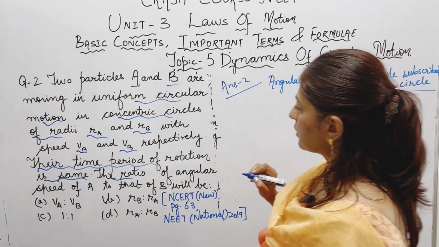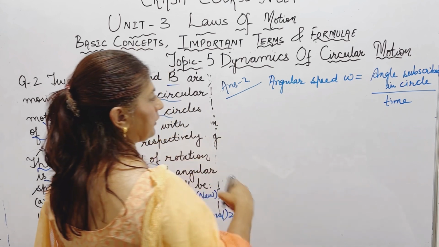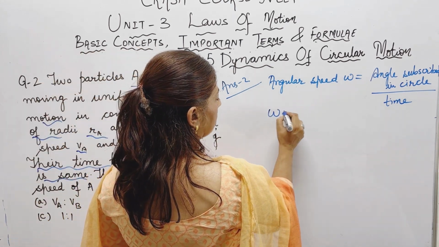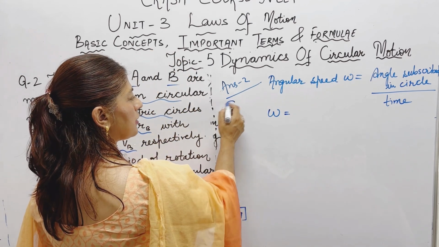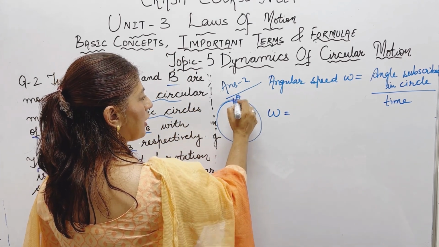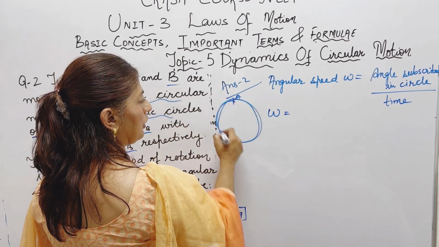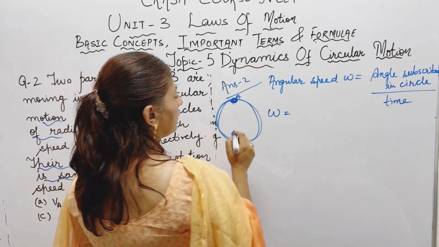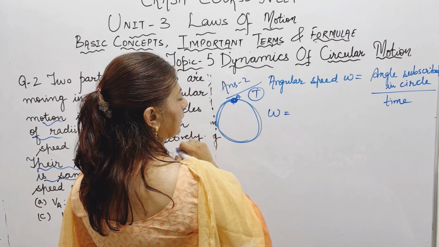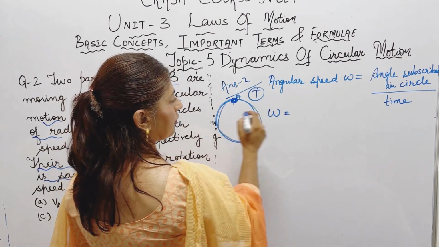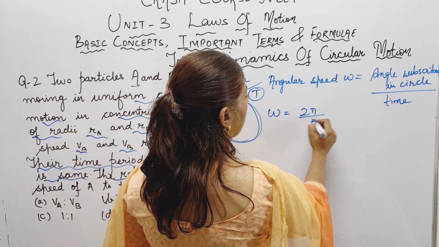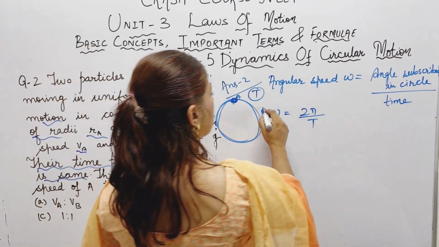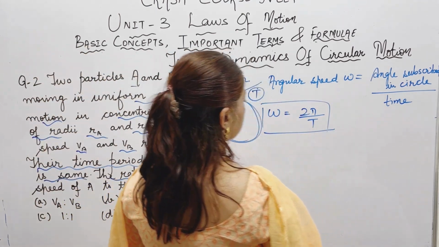If the complete rotation is taken with the total time period of one cycle, starting from point A and completing the full circle and coming back to position A, then the time period is capital T and the angle subtended will be the full angle, that is 2 pi by T. So this is the formula for the angular speed with respect to the time period.